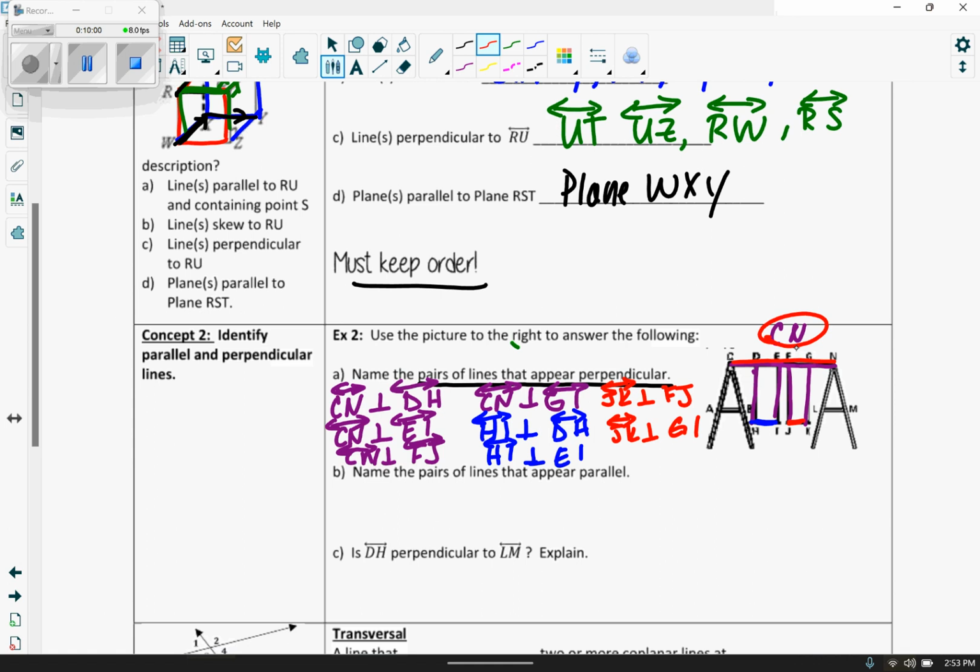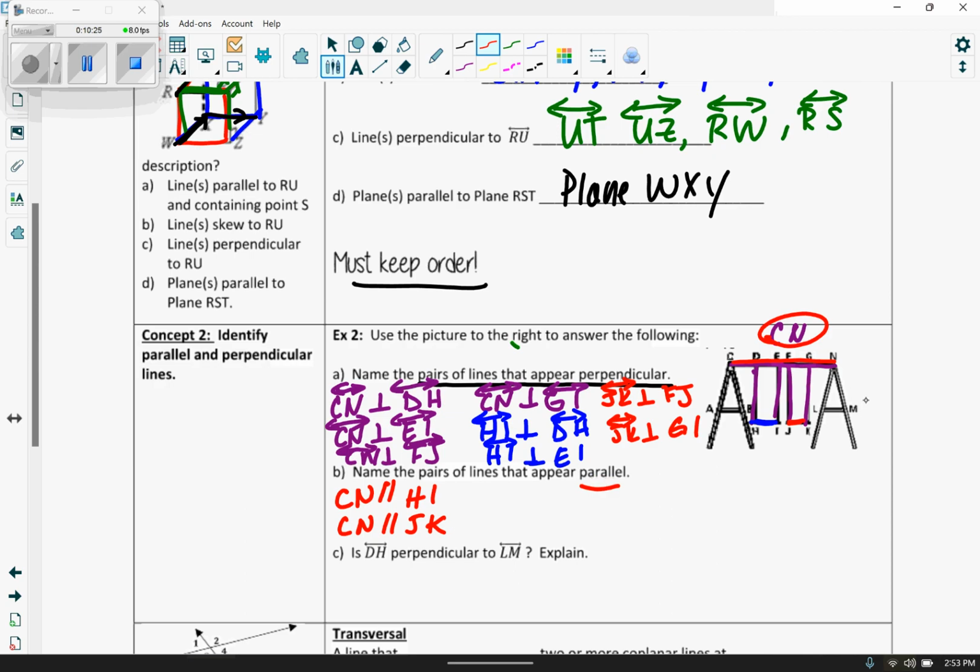Now, I would say that we have some parallels in here as well. So here, which one's assumed to be parallel? Well, parallel, we would have that CN is parallel to HI. CN is parallel to the JI, or JK, excuse me.